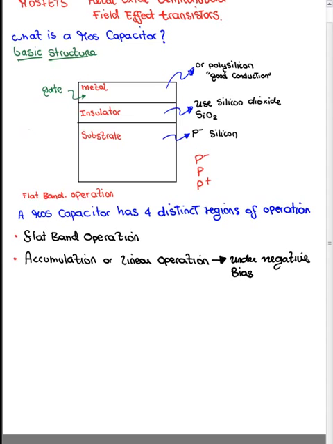Then we're going to have depletion operation, and we'll expand into these different cases in a little bit. Depletion operation, and that is under moderate positive bias.